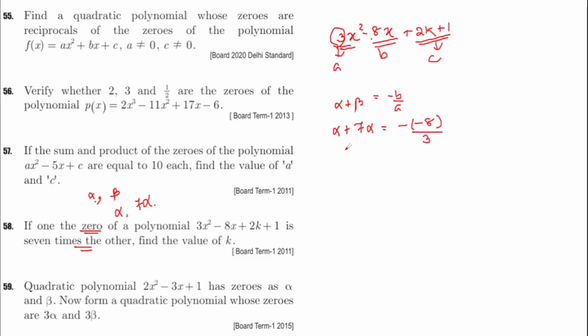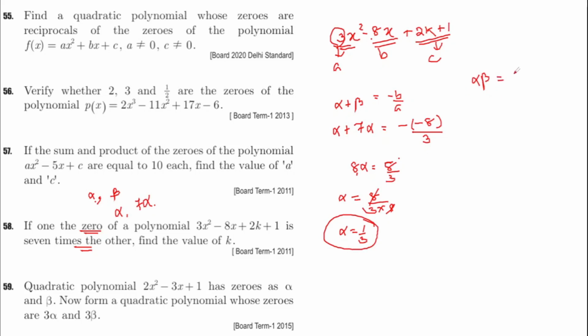Okay. Now alpha plus 7 alpha will give you 8 alpha, and that is minus minus plus 8 by 3. So alpha is equal to 8 by 3, and this 8 will go to the right hand side and will be divided here. So alpha is equal to 1 by 3. Similarly, if we do the next thing, that is alpha into beta.